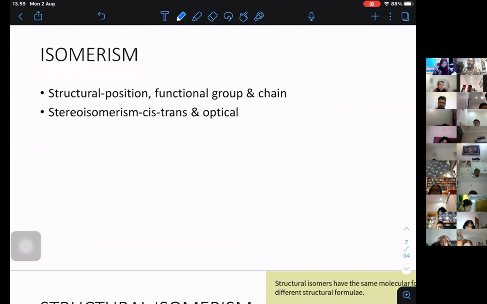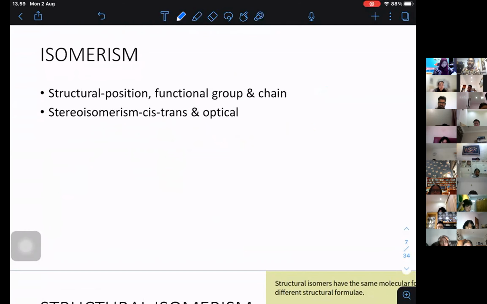If you just write down the molecular formula for this, just now I told you what molecular formula is, you can count 1, 2, 3, C3. How many hydrogens? 1, 2, 3, 4, 5, 6. H6, Br2. If you do the same thing here, you will notice that it is C3H6Br2. You can see that they have the same molecular formula, but different structure.